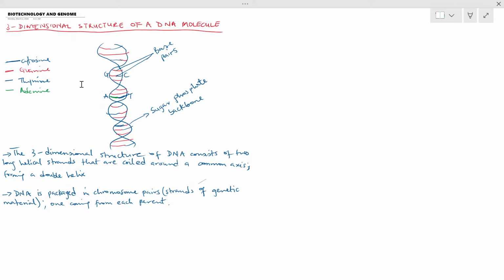Why? Because the DNA molecule is key. In fact, it is the fundamental element that is needed for any genetic modification, manipulation, or engineering process. So your 3D structure consists of the long helical strands that are coiled around.